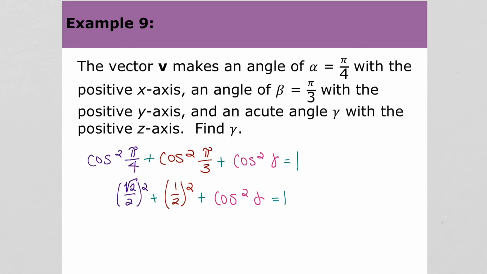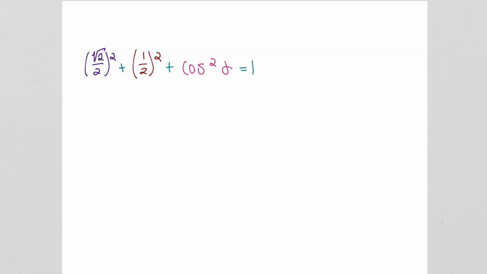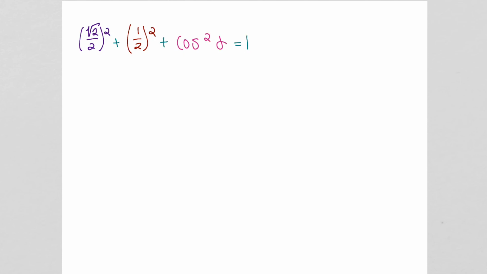Let's see, do I have more space? Yeah. Let's take this to the next page. Okay. If you square these, you've got 2 over 4 plus 1 over 4 plus your cosine squared lambda equals 1.